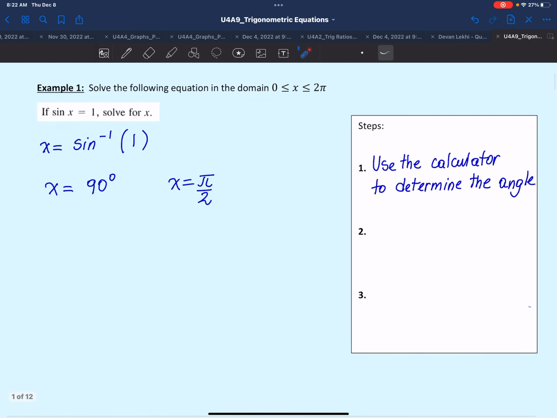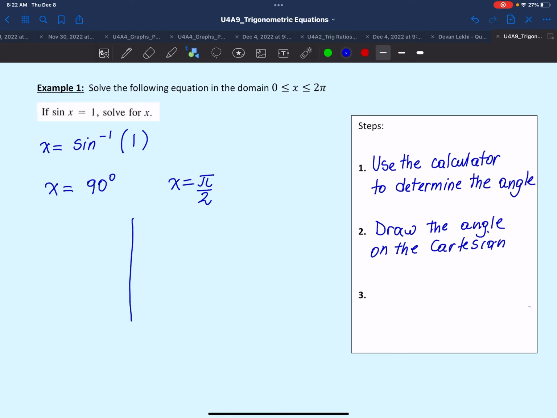So step number 2 would be to draw the angle on the Cartesian plane. So the angle that the calculator gave you. And once we draw the angle on the Cartesian plane, we are going to try to determine if there is any other angle that would have the same sine ratio.